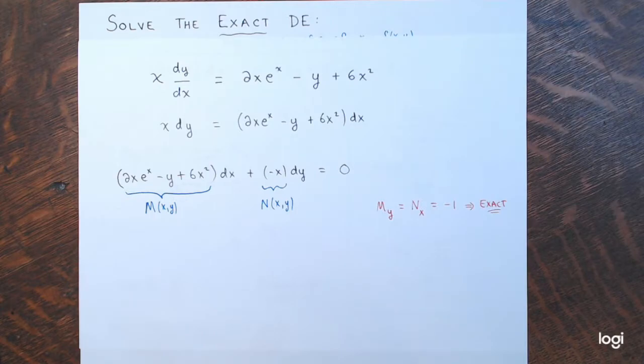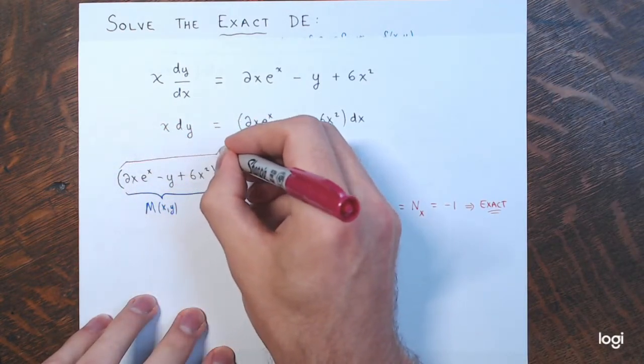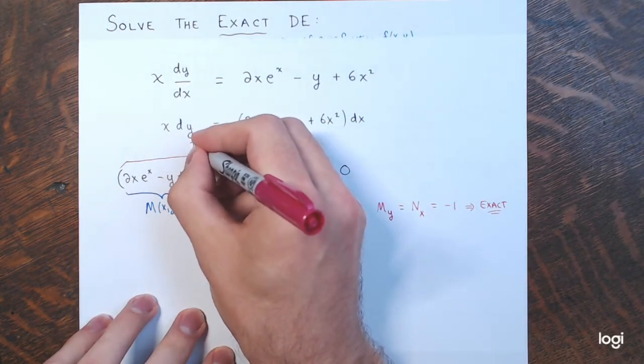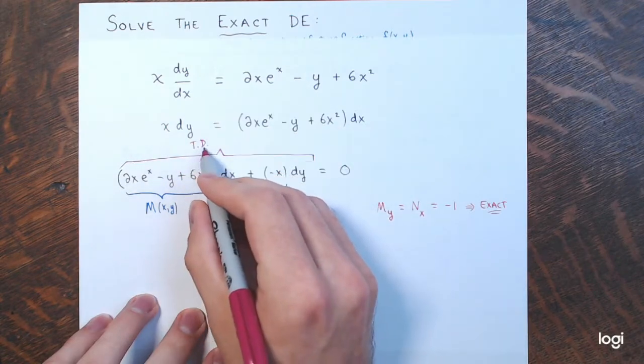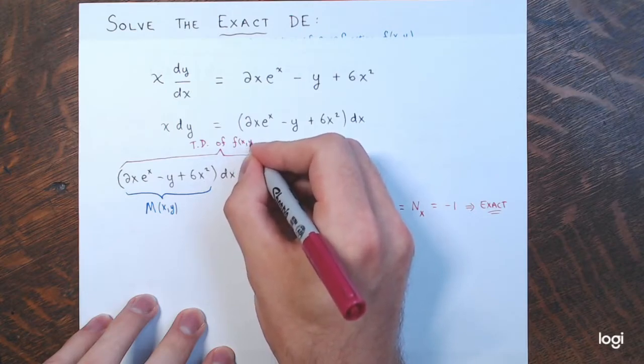And as I've been writing, if this is an exact equation, that means that this side is a total differential. Let's put TD this time. The total differential of some function that I will again call f of xy.